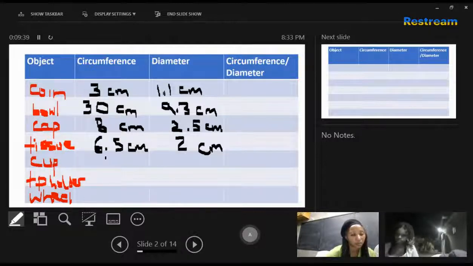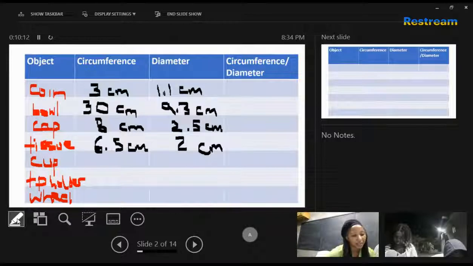For the cup, it's supposed to be the cap's measurements. I measured them wrong. Where I have cup, it's supposed to be the cap's measurements. So erase cap and put cup, and where you see cup, erase cup and put cap.